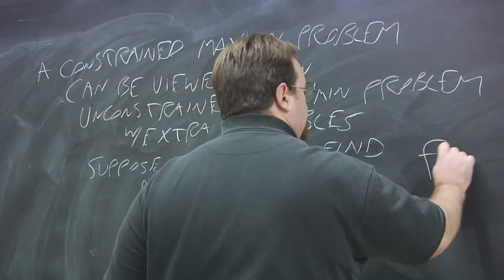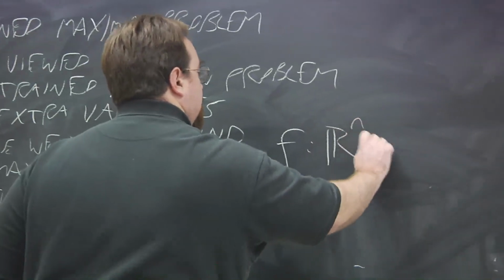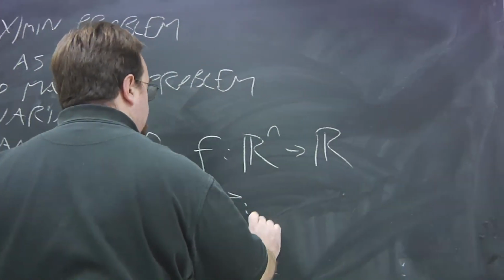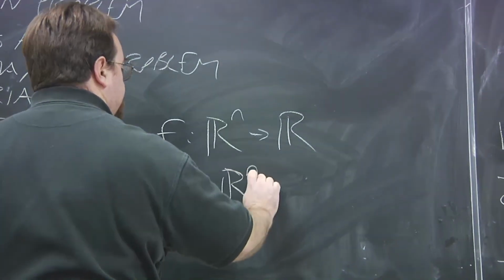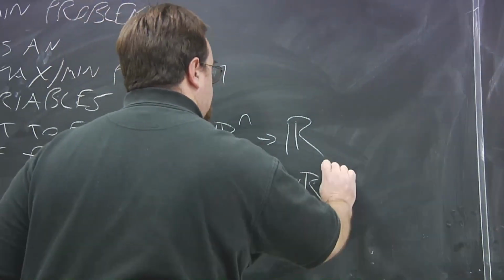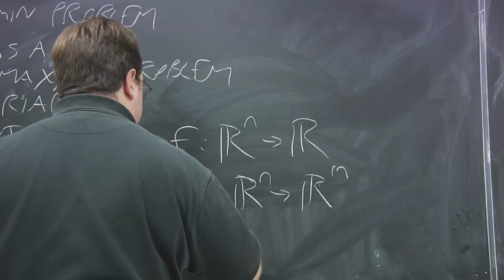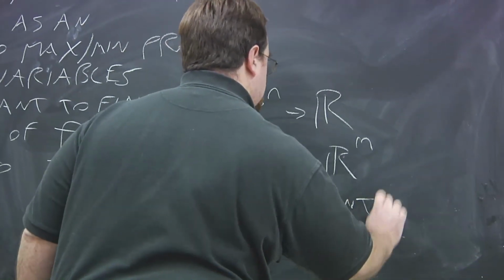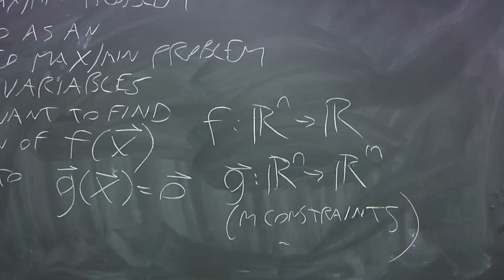So we'll assume that f is a function of n variables, and g is also a function of n variables, but it has m outputs. So that means that there are m constraints. Okay.